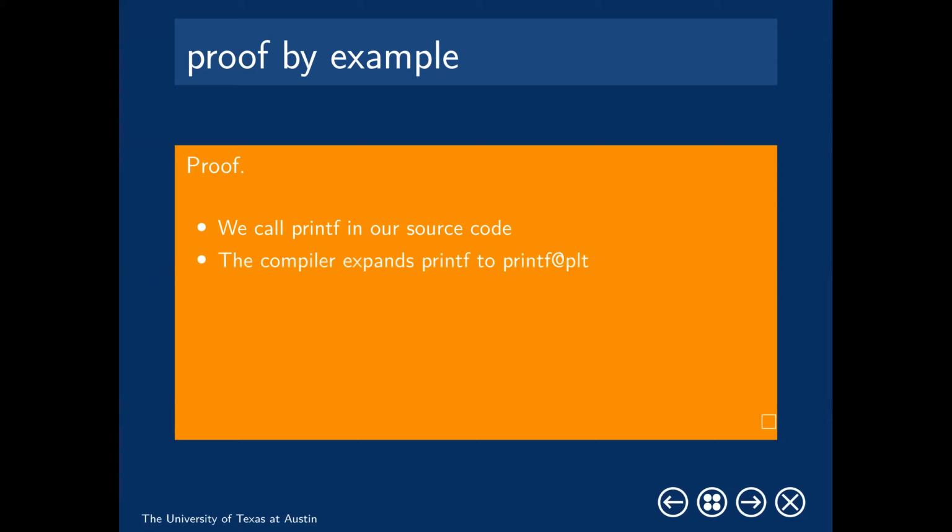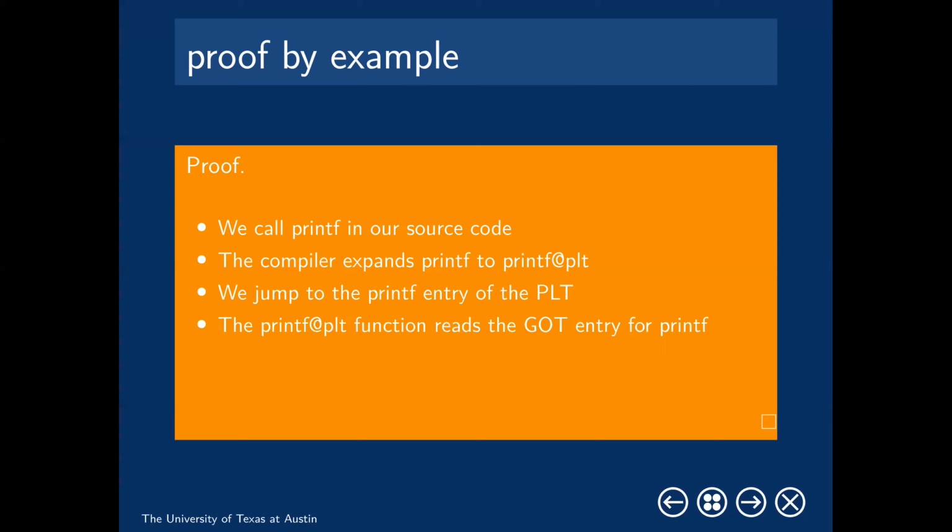The compiler expands this when compiling from just calling printf to instead calling the PLT entry for printf. So when we call printf, we are not going to jump to printf, we're going to jump to the PLT entry for printf.